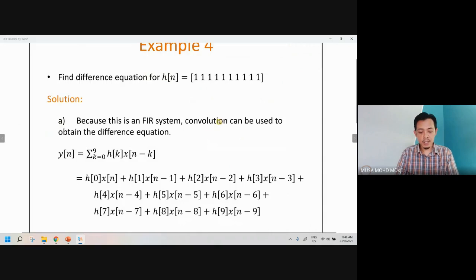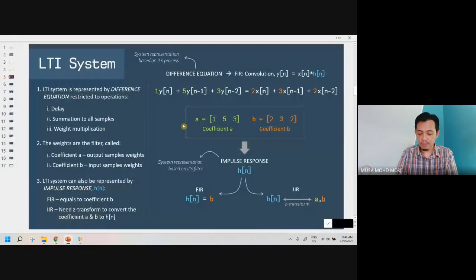So solution, because what we want to do is find the difference equation. Because this is an FIR system, convolution can be used to obtain the difference equation. We already know that for FIR, Hn is actually equal to B. And when it is an FIR, the A is equal to 1.